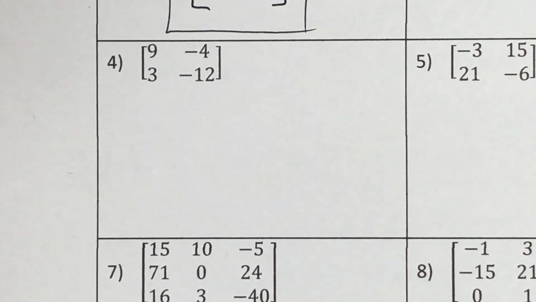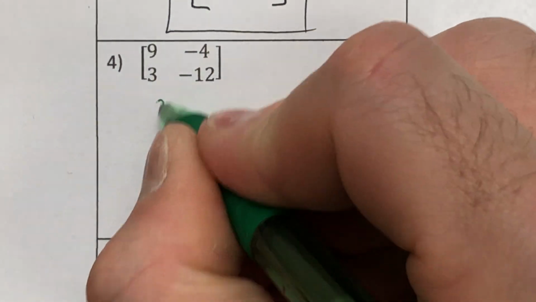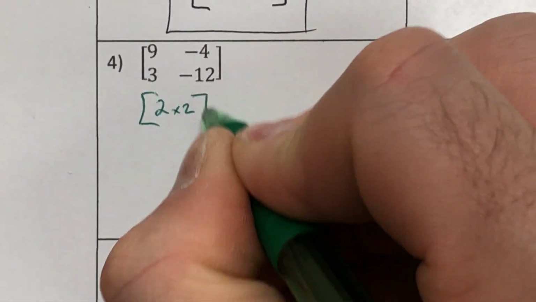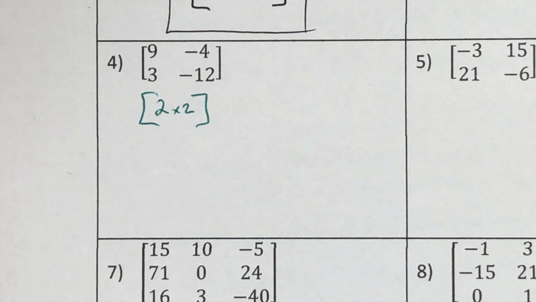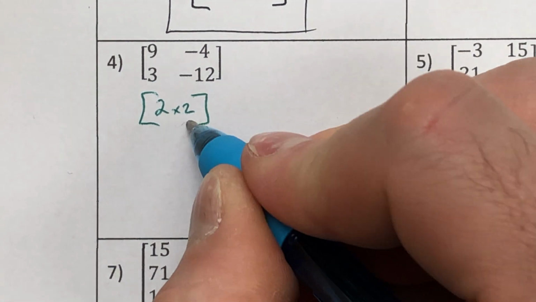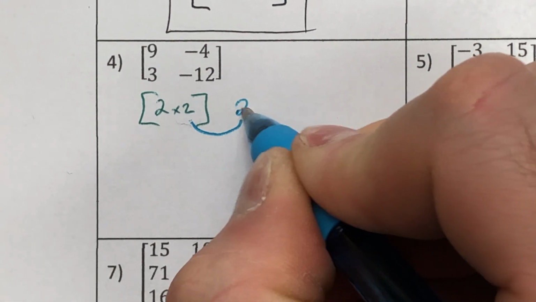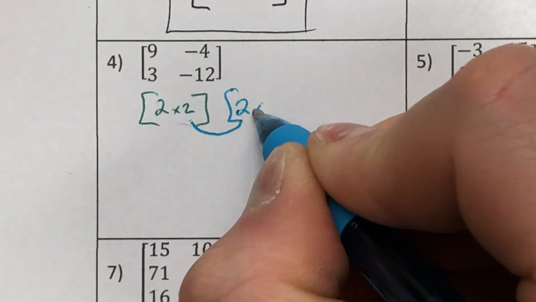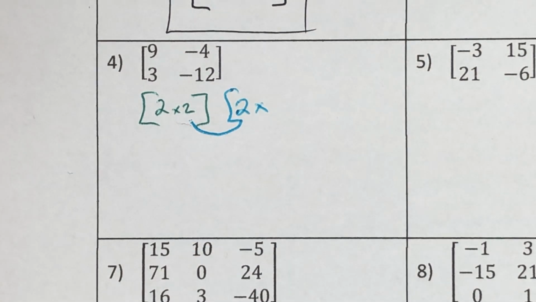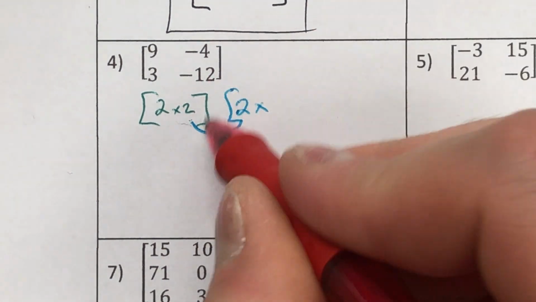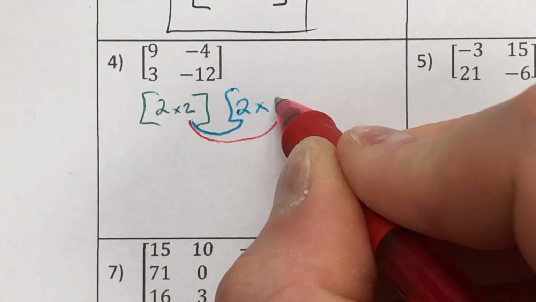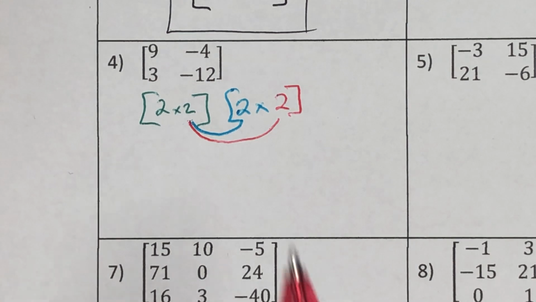And so if I move to the next one, I'm going to do the same process. This is a 2 by 2 matrix. I want to find out what can I multiply by to get that same answer in response. And I know that these must match in order to do the dot product, so I'm going to say 2 by something. The next thing is if I want a 2 by 2, I know my second number has to be a 2 as well, which means, again, I'm dealing with another 2 by 2.